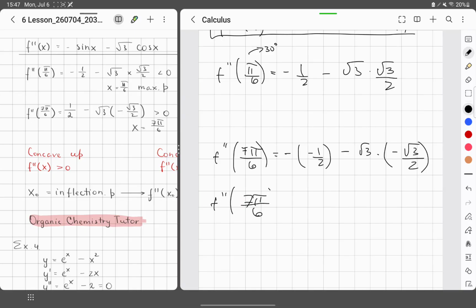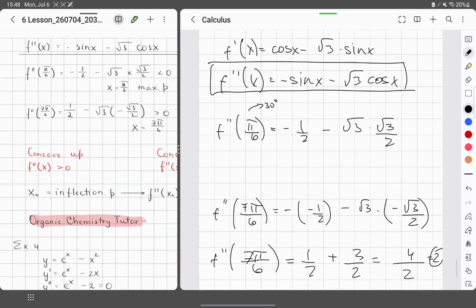7 pi over 6 will be 1/2 plus 3/2, that will be 2. And this will be what? Negative 1/2 minus 1/2 minus 3/2.